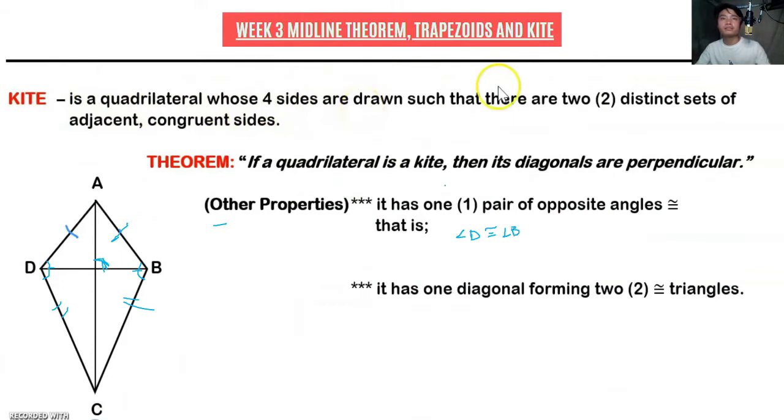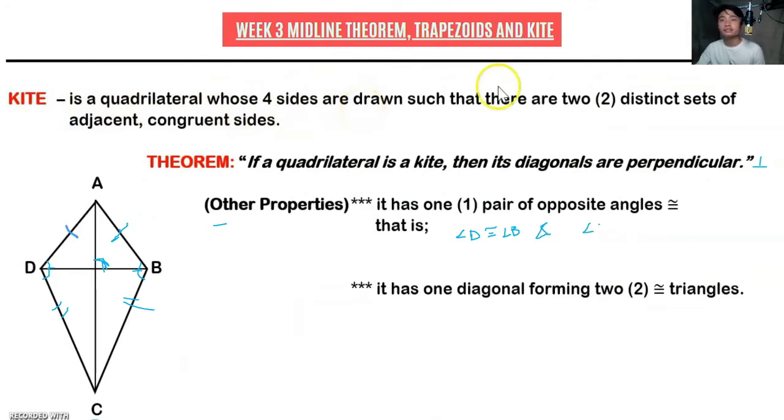Dito pala, if the quadrilateral is a kite, then its diagonal is perpendicular. So, ito yung sign ng perpendicular. Meaning to say, nagpo-form ng 90 degree. Dito, it has one pair of opposite angle. So dito, basically, this is angle D and angle B based on the figure. And lagyan ko para hindi na kayo nalito.